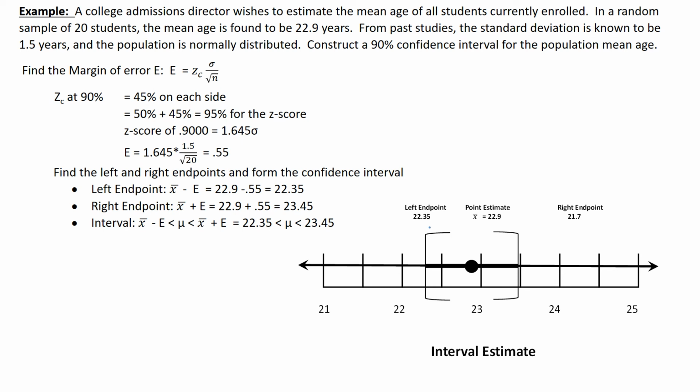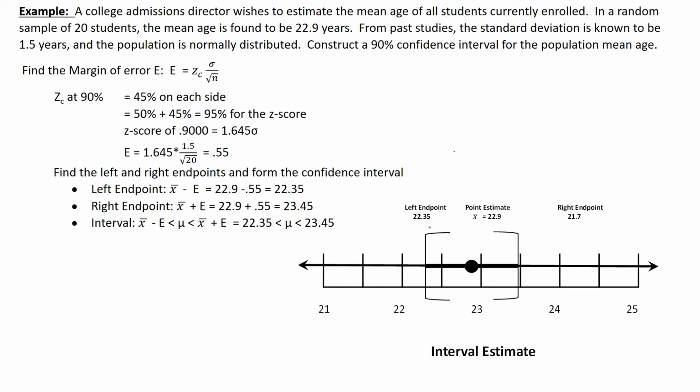And 1.645 times the standard deviation of 1.5 divided by the square root of 20, which is the number of samples, gives 0.55. So that's my error. So my left endpoint would be 22.9 minus 0.55, which is 22.35, as I'm showing you right here.